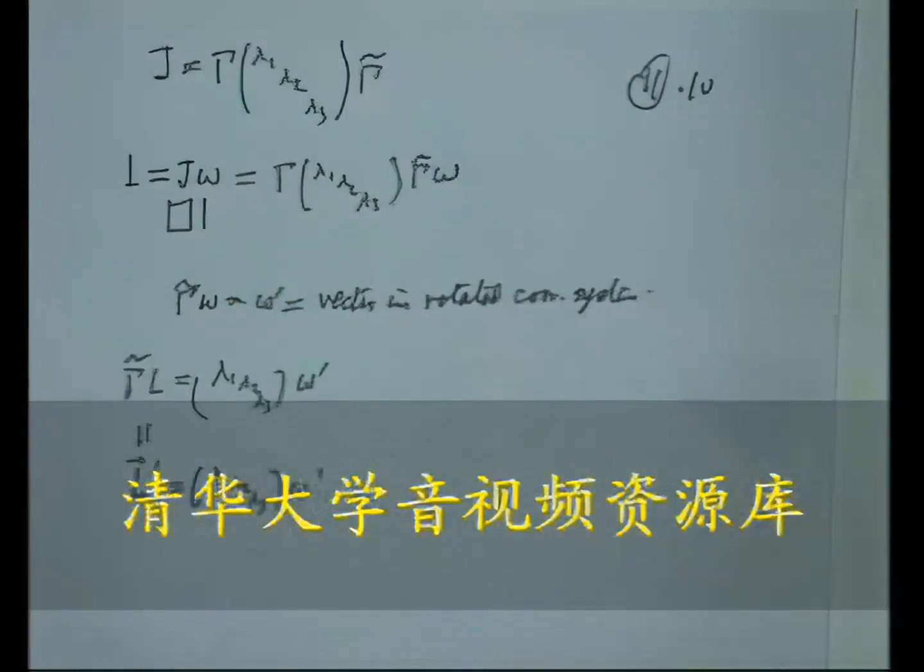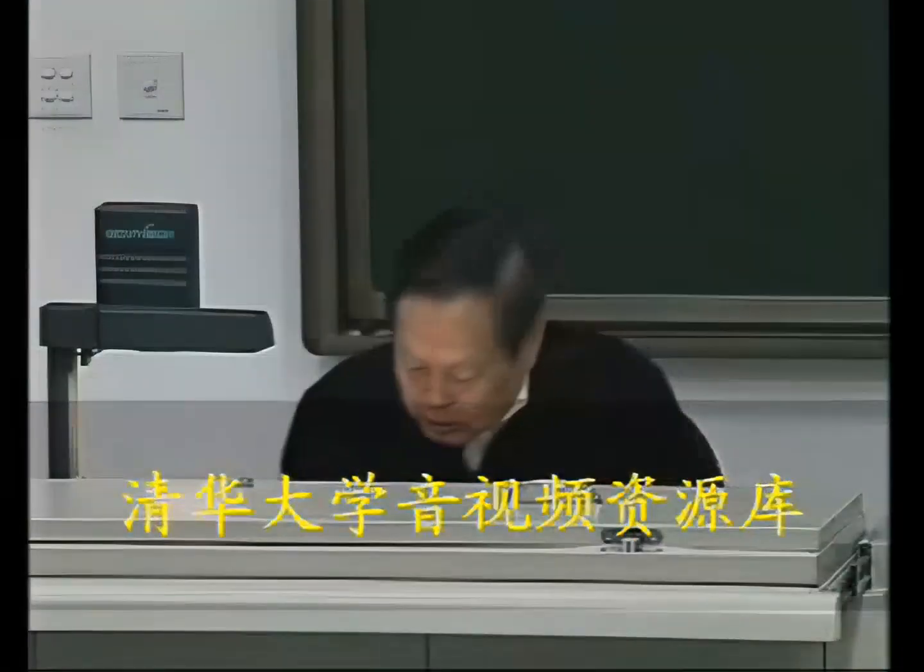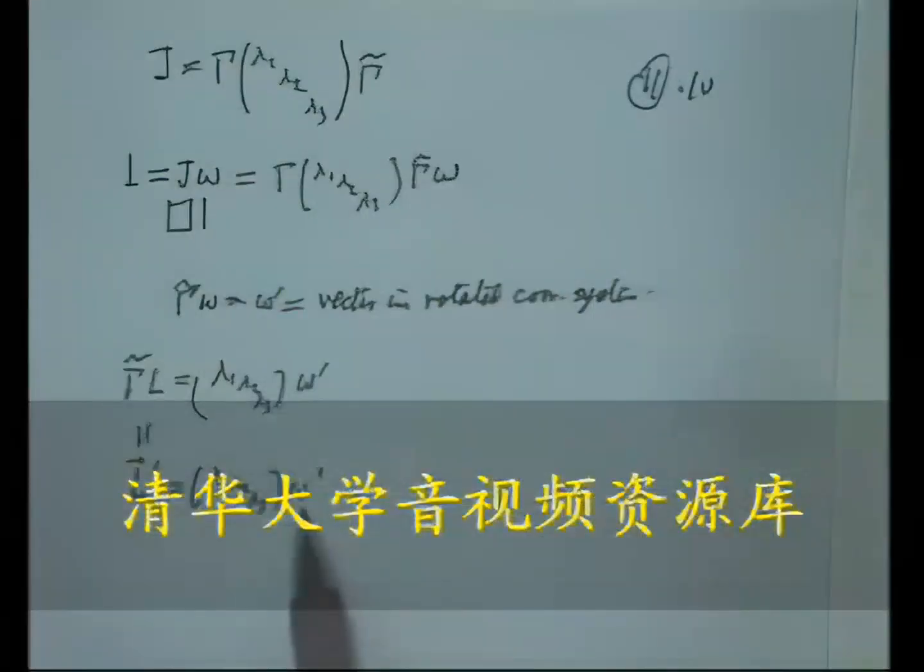What does that say? That says that in the new coordinate system, in rotated coordinates, rotated by gamma, the three components of the new vector omega prime is related to L prime by a diagonal matrix.